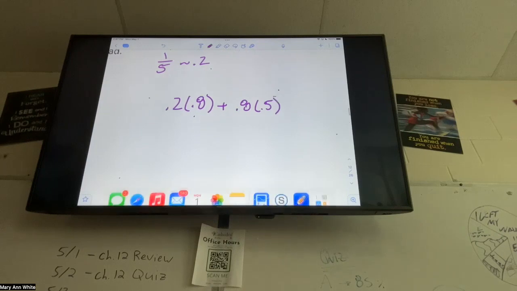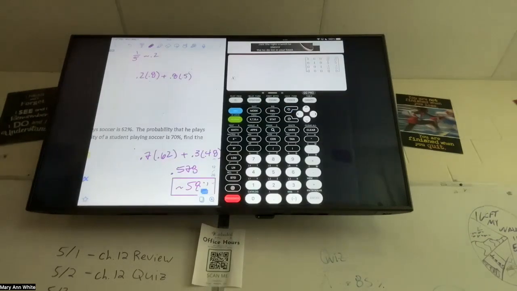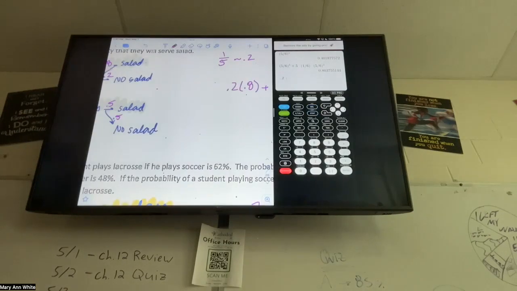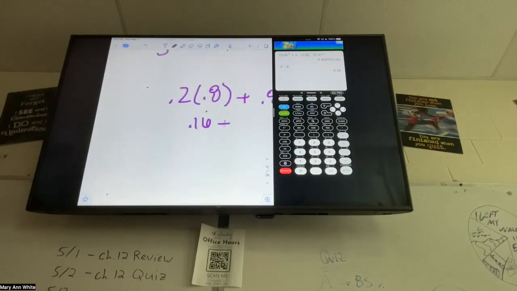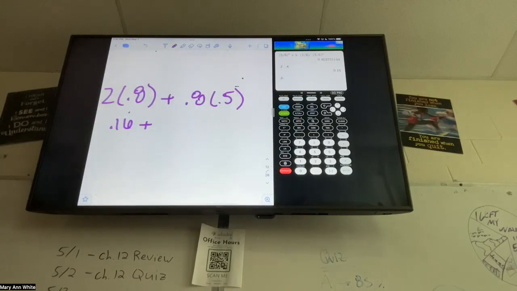Right, multiply them together. 0.2 times 0.8, and 0.8 times 0.5 is 0.4. Add them together, and I get 0.56, which is 56%.